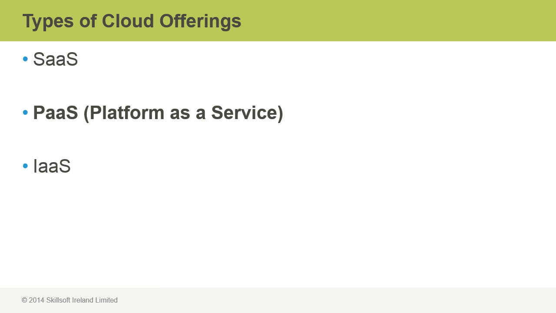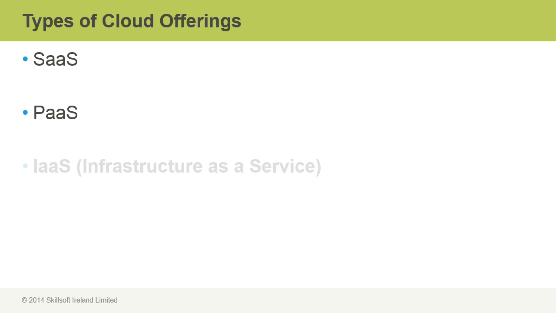That's a platform. And the platform is usually differentiated from infrastructure by the fact that it has a service component to it. And you're not building everything from scratch. You're able to plug into a platform.